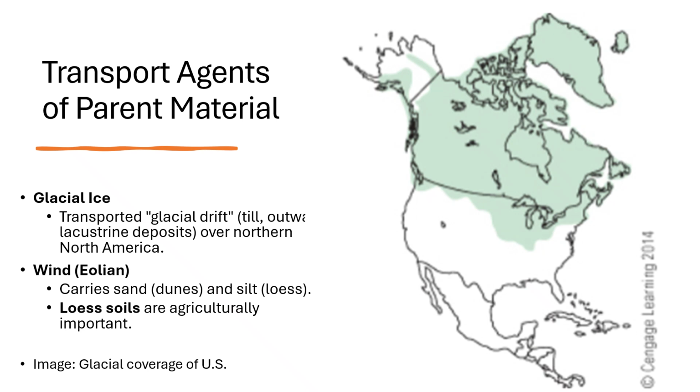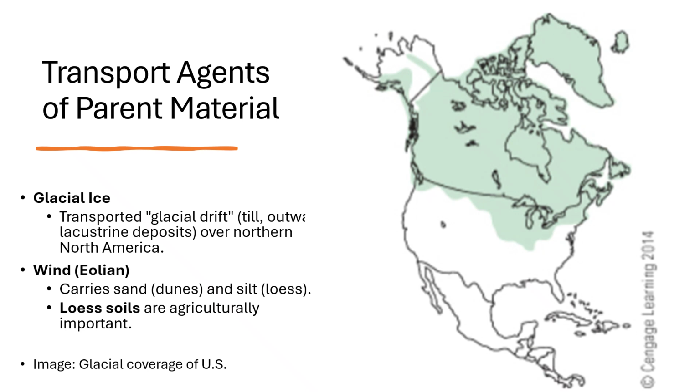Then you have glacial outwash, which is coarser, sandy, and gravelly material washed away by the meltwater. Then you have lacustrine deposits. This is where finer particles that were in that runoff then settled into ancient glacial lakes. Okay, so that's ice.